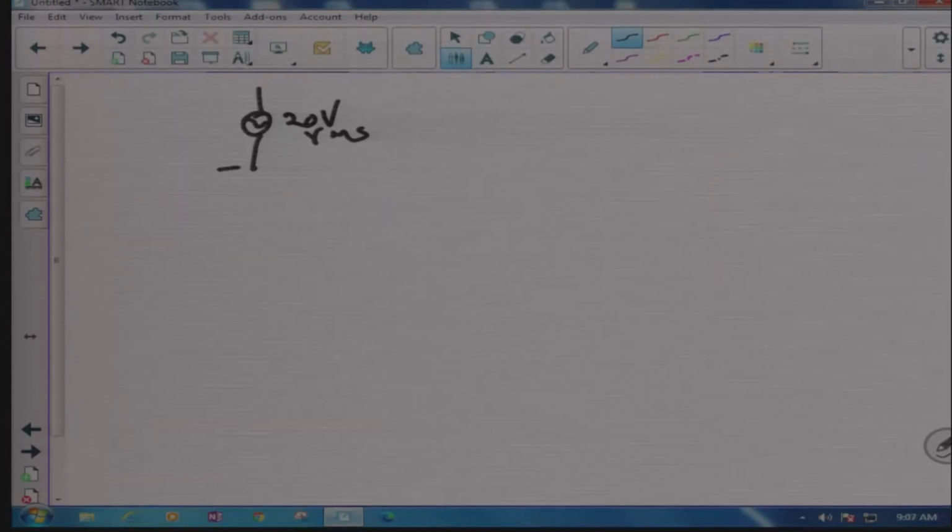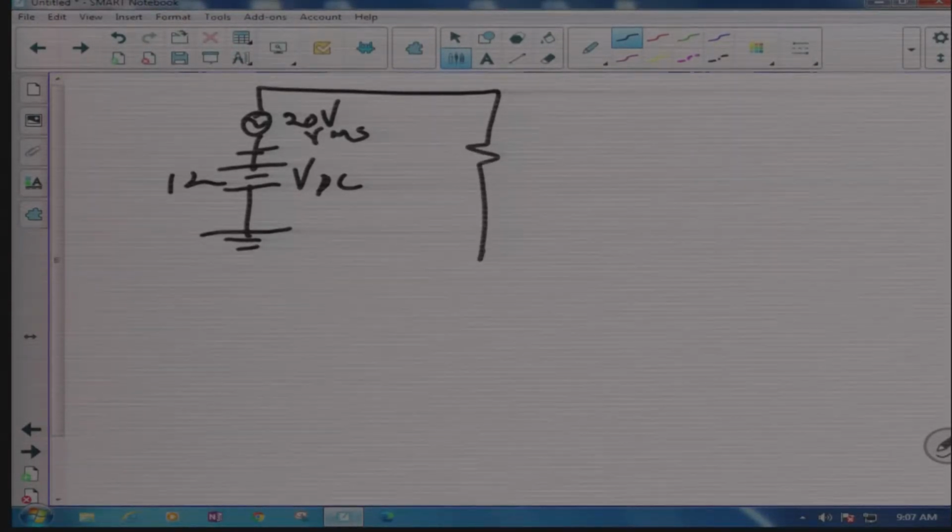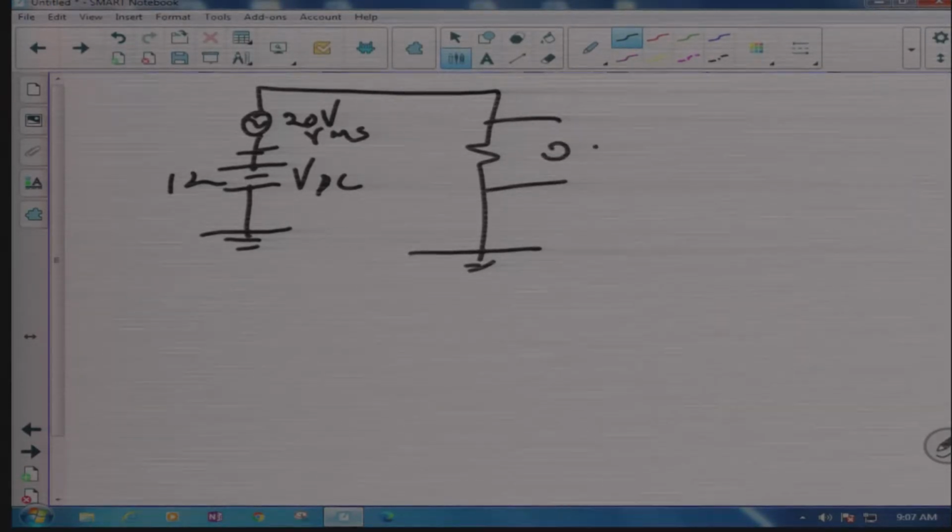I've got my DC there, which when we look at it, its positive is connected to ground. My VDC, which is 12 volts. Now I have my load again connected to there, and I'm going to check here with my oscilloscope.